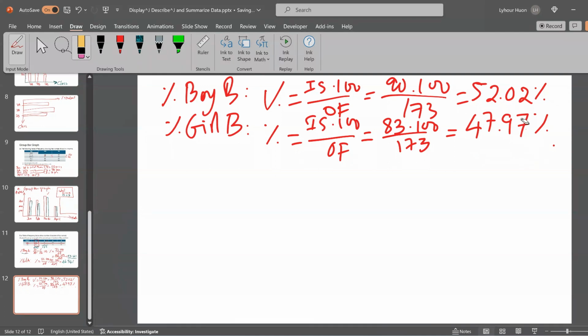Actually, if we add up, it will still be 99.99. Why is 0.01 missing?